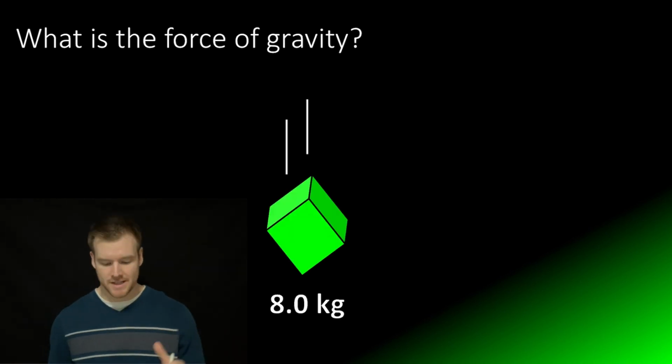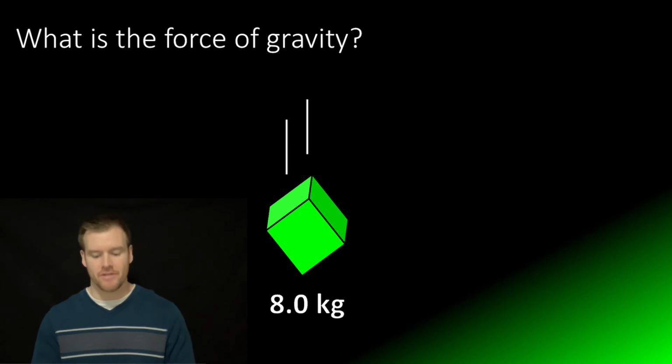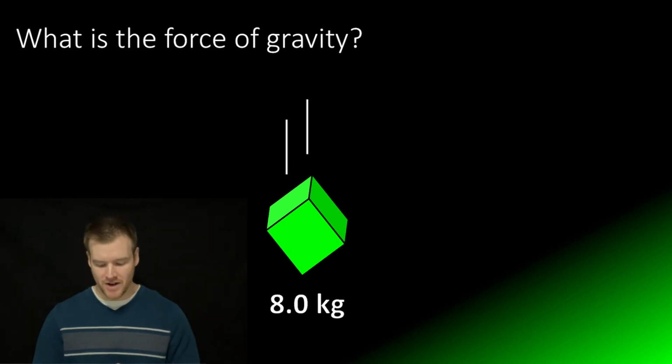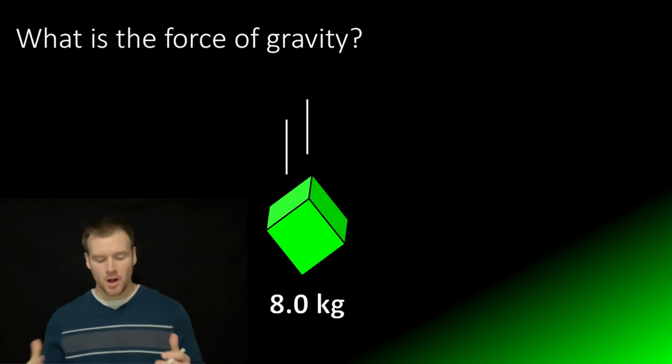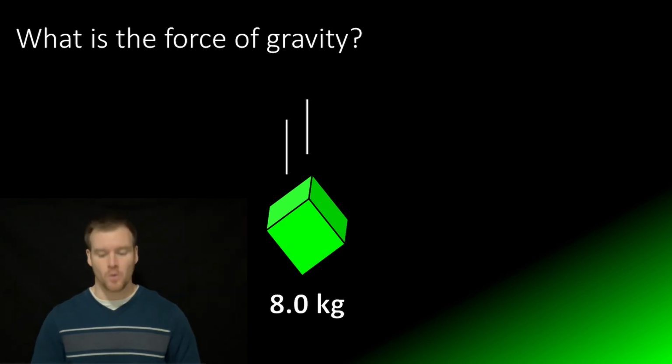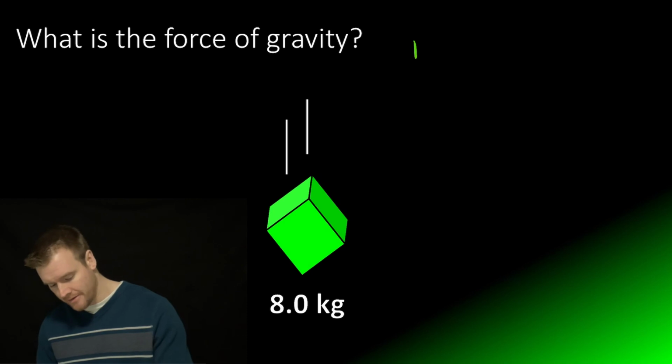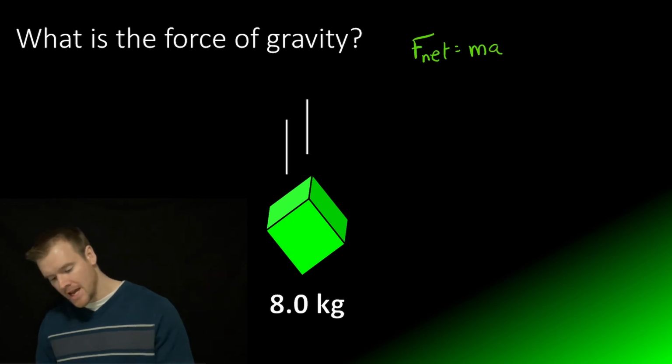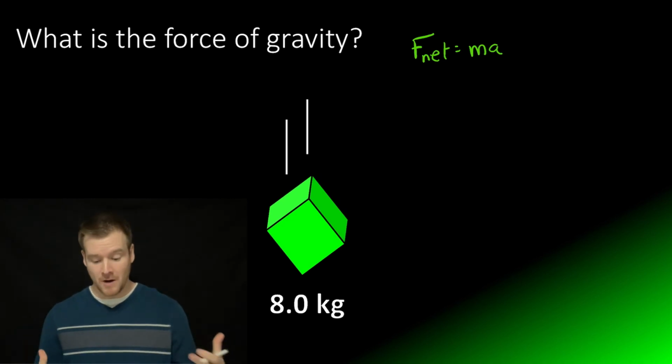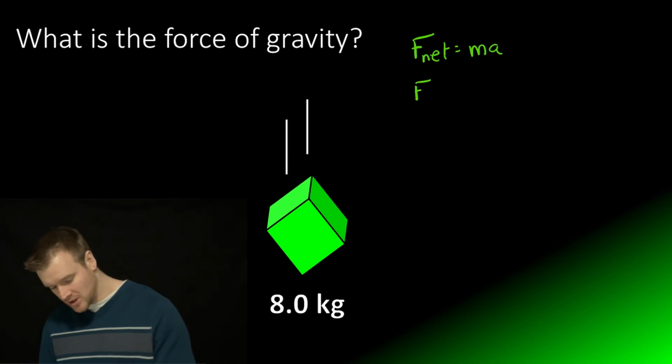And just one more example here. It says, what is the force of gravity acting on this mass? So we have an 8 kilogram mass that is falling due to the force of gravity. So this is accelerating. What is the force? So I would set up F net is equal to ma. In this case, we're focusing on the force of gravity. That is the F net, because we're not going to talk about any other forces like air resistance at this point. So Fg is causing a mass to accelerate.